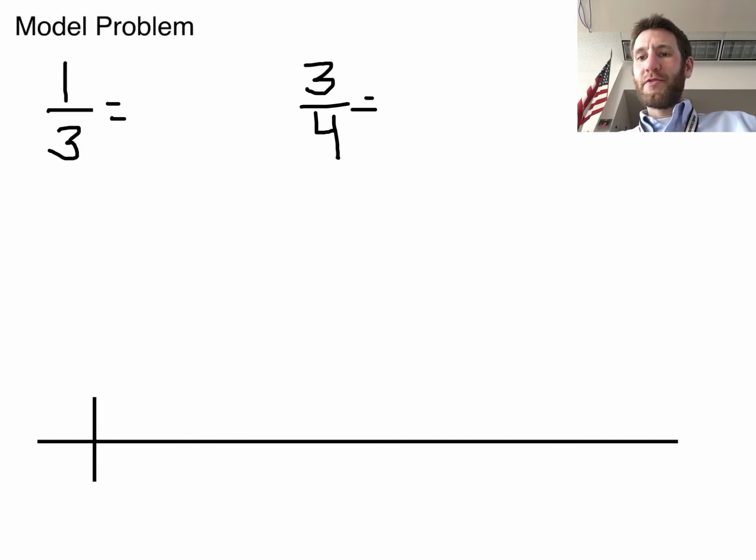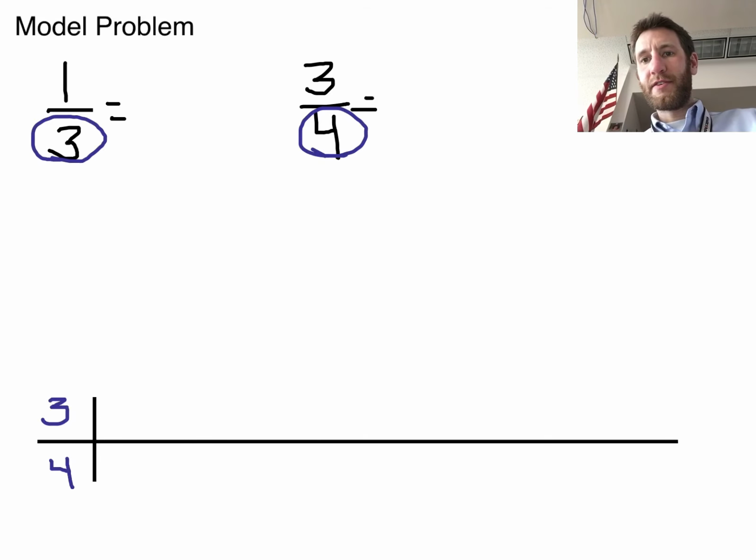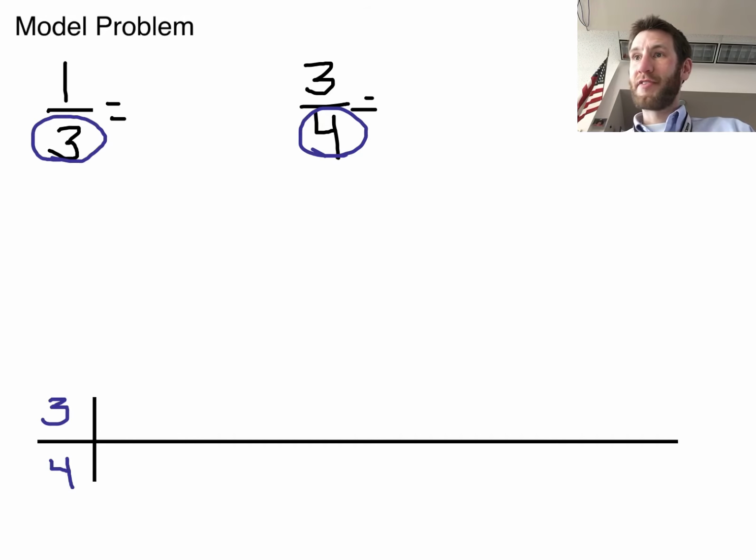So I'll try a different color here, and I'm going to write 3, the denominator that I used right here on the T-chart, and I'm going to put 4 down here. And now I'm thinking multiples, all right? So as I find multiples of 3 and multiples of 4, I'm going to be examining the T-chart to see where they have a multiple in common.